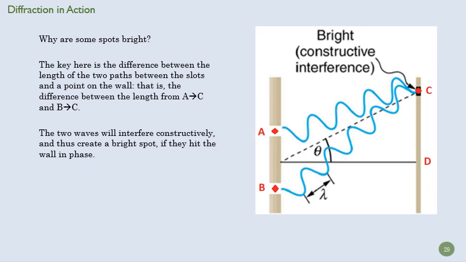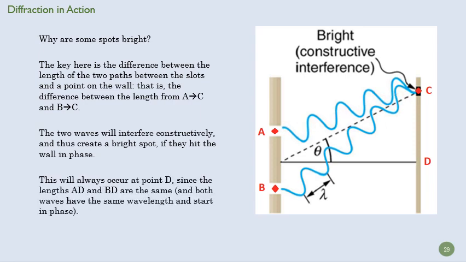Okay, they're going to interfere constructively. That is, they're going to be in phase with each other when they hit C if the length is an even number of wavelengths from B to C and an even number of wavelengths from A to C. Okay, so if they are in phase here, remember we had coherent light shining through this.